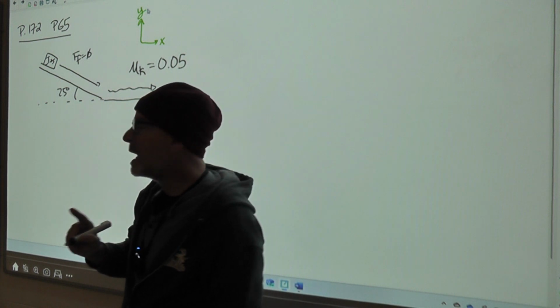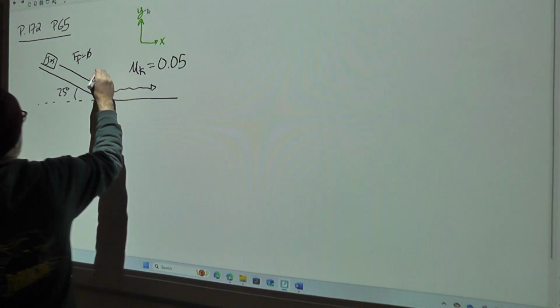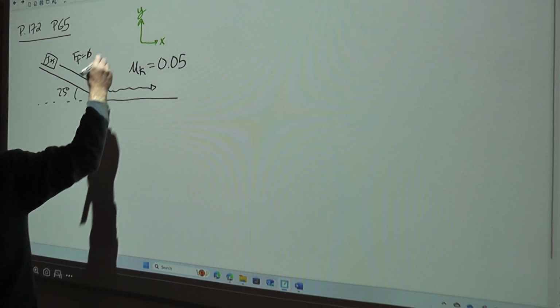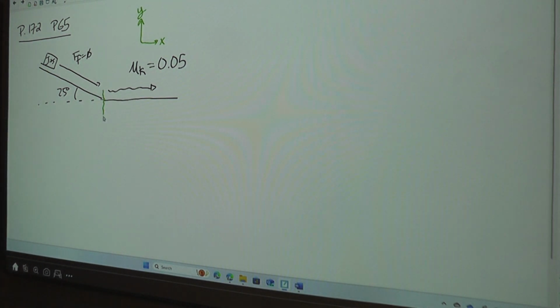But as it turns out, if I think about this as having two parts, it actually makes sense to look at the first part of our action as being on a different set of reference axes. And there's no reason that I can't do that. It's handy to use a different set of reference axes over here because my normal force is perpendicular to the hill.